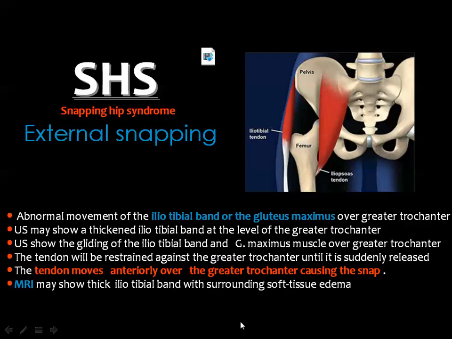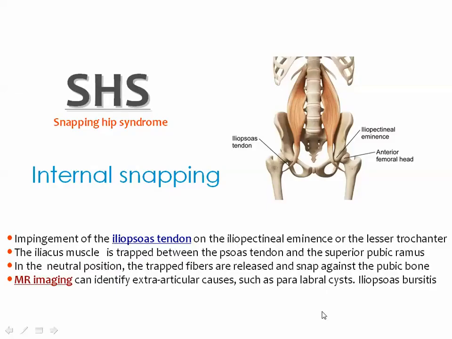Okay, then we have 2 or 3 types of snapping hip syndrome. The external snap, which is due to the iliotibial band moving against the greater trochanter. The internal type is related to the iliopsoas tendon moving along the anterior aspect of the hip or the iliopectineal line.